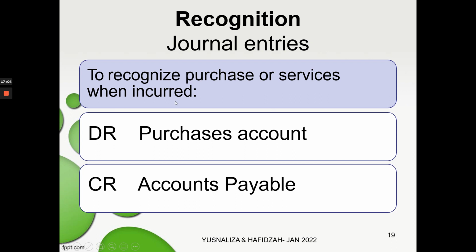These are the journal entries. If you were to recognize that, you will debit the purchase account 20,000 and credit accounts payable. Accounts payable here would be accounts payable Derecognition Bhd if you were to do the journal entry.